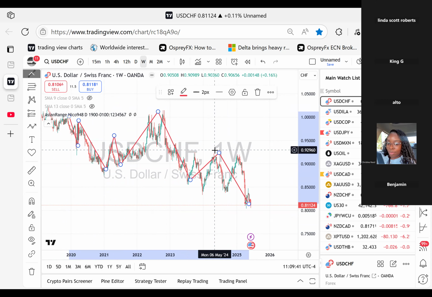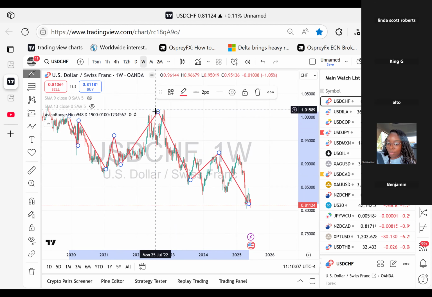When you're looking at a structure, we want to find our last swing. You're going to hear people talk about swing highs and swing lows. What is a swing high? A swing high is when the market comes from a low to a high to a higher low, and then we break that high to create the new high.